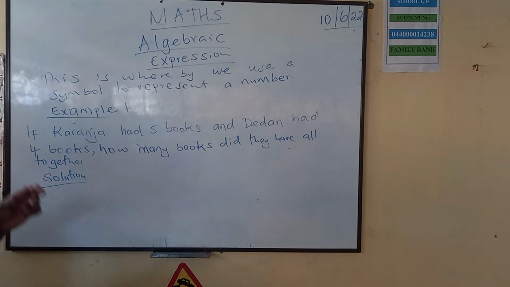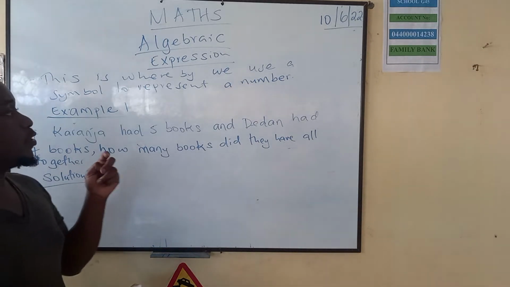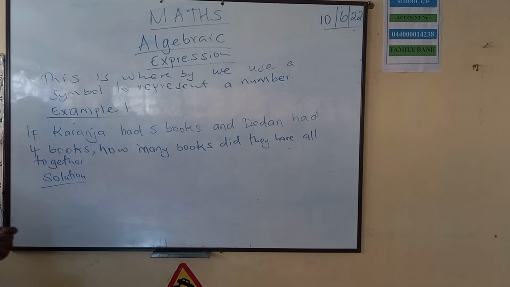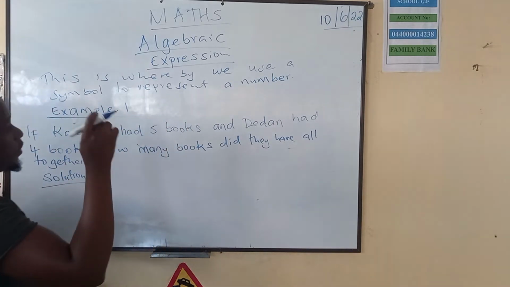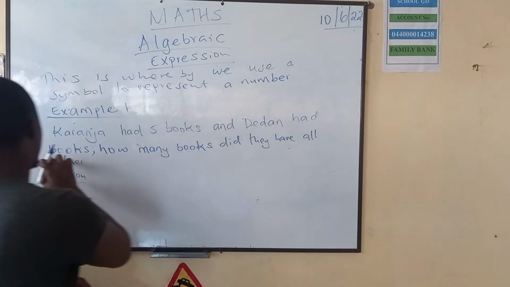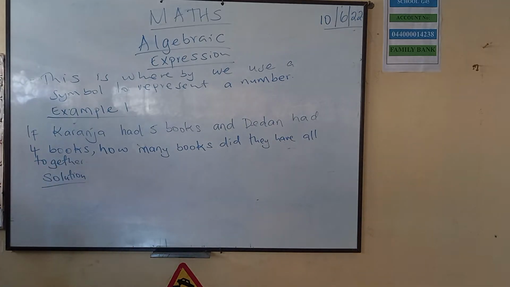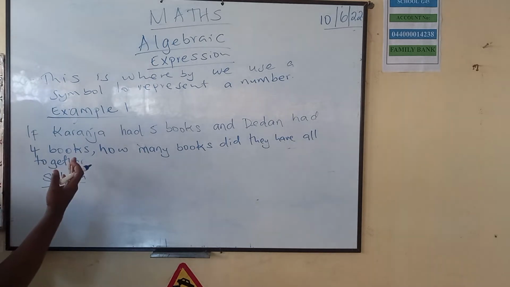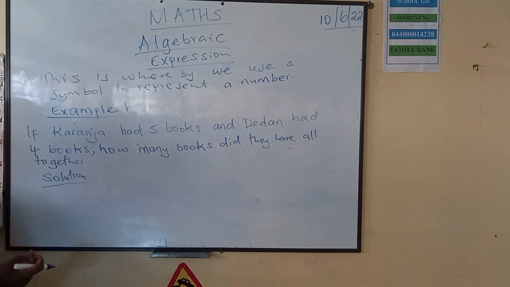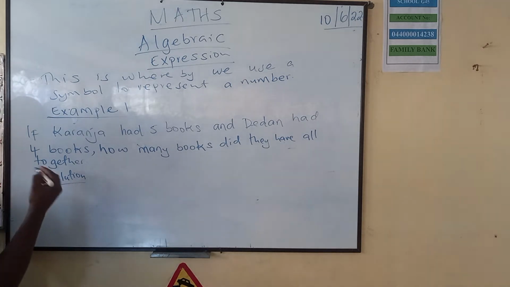Now we'll say that an algebraic expression is whereby we use a symbol to represent a number. I want to use a symbol to express the 5 books and the 4 books owned by Karanja and Dedan. Normally we just say 5 plus 4, which equals 9, the total number of books, but we want to use symbols.